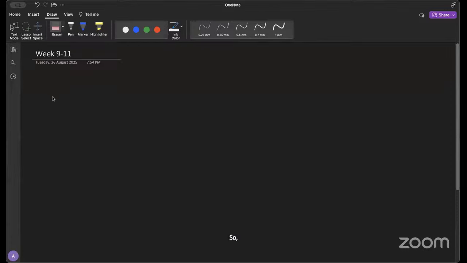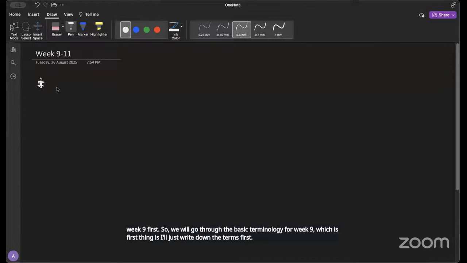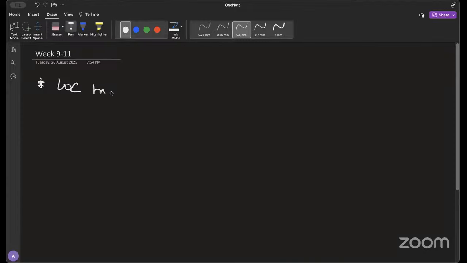So we'll start with week 9 first. We'll go through the basic terminology for week 9. The first thing is I'll just write down the terms first: local maxima and local minima, and then there is turning points.